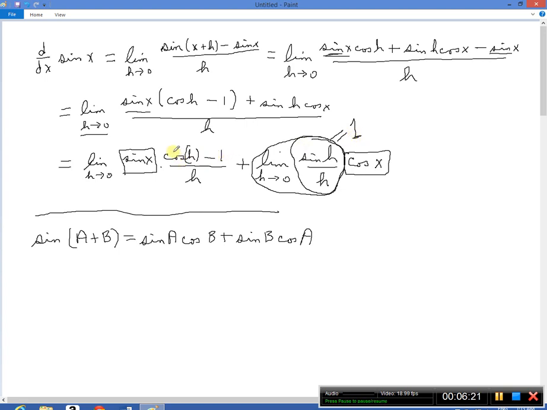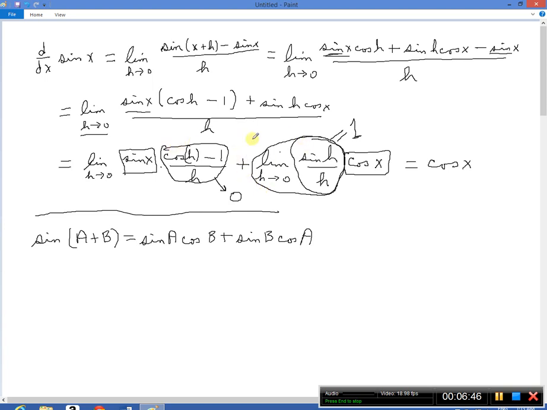And this limit, which is also a 0 over 0 situation, has a different limit. This guy is going to end up going to 0. So that when the dust clears, you're going to get this sine of x multiplied by 0 and this cosine of x multiplied by 1, so that you end up with what we know to be the derivative of sine. And that's how it happens.